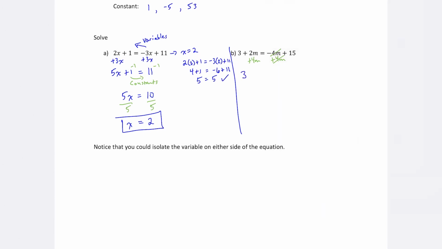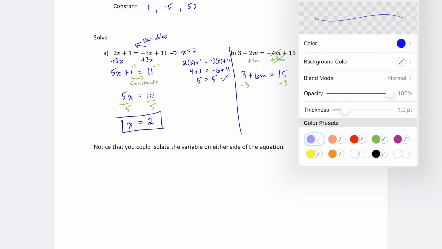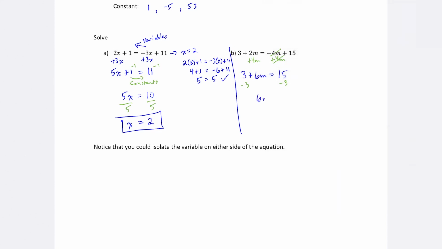Okay, so that gives us 3 plus, and 2m plus 4m is 6m, is equal to 15. Next, let's bring the constants to the other side. So let's bring the 3 to the right side, and that gives us 6m is equal to 12.